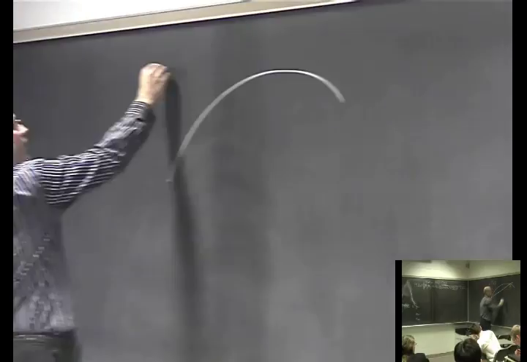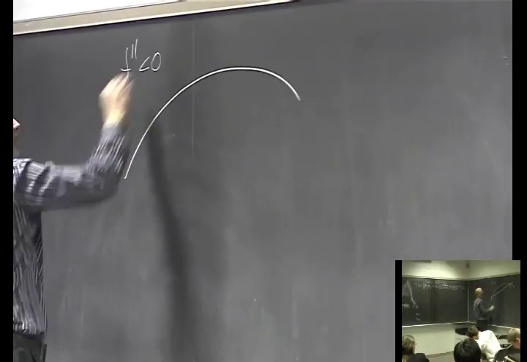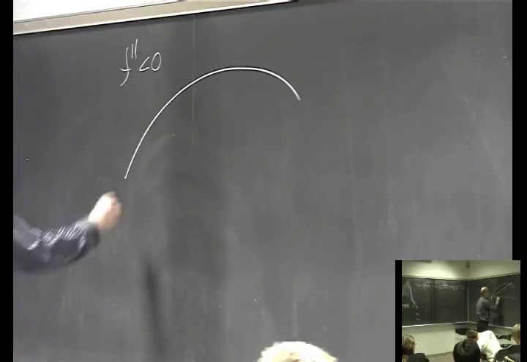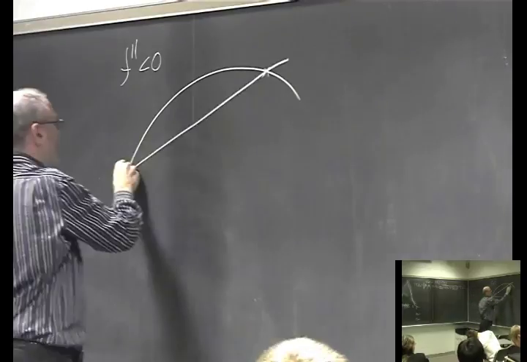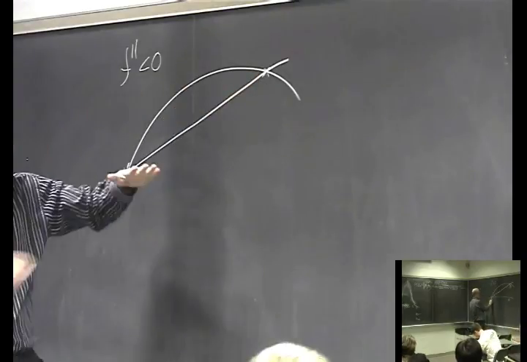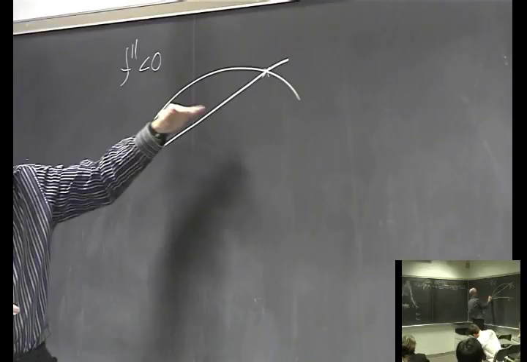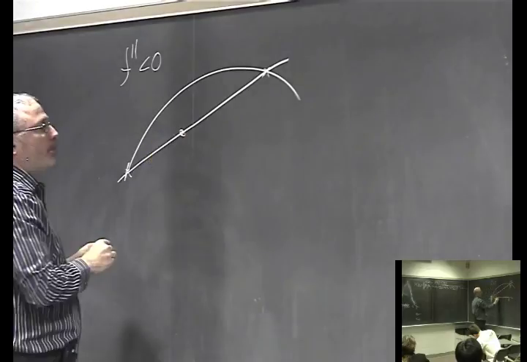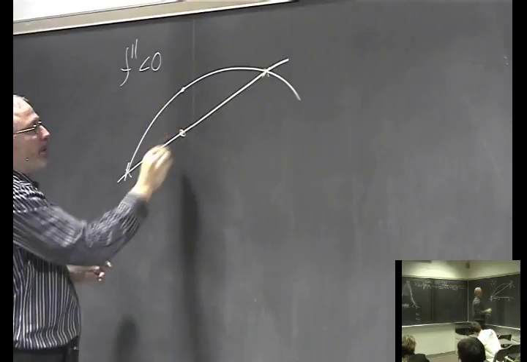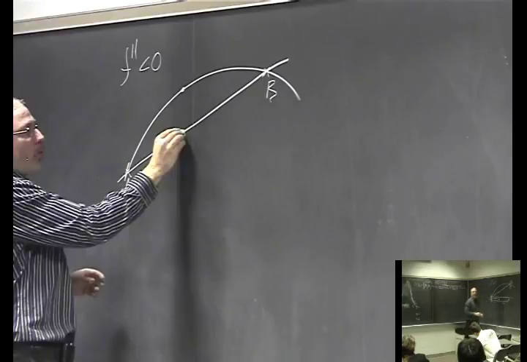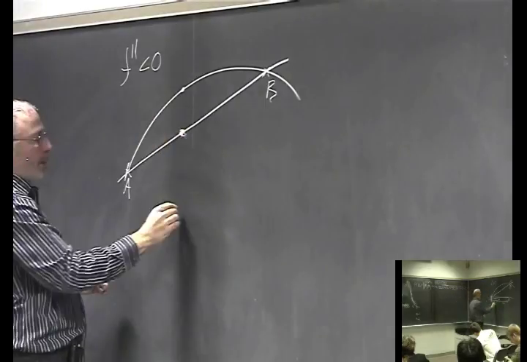That point is a weighted sum of these points, A and B. So one way to write the y value of this point is: this is A and this is f of A, and this is B and this is f of B. And this point is at distance w between A and B. So it's w to here, and 1 minus w here. Or let's call it WA and WB, and they sum to 1.